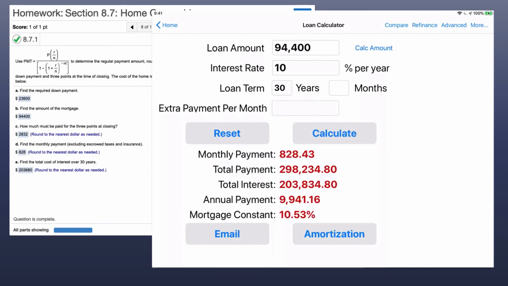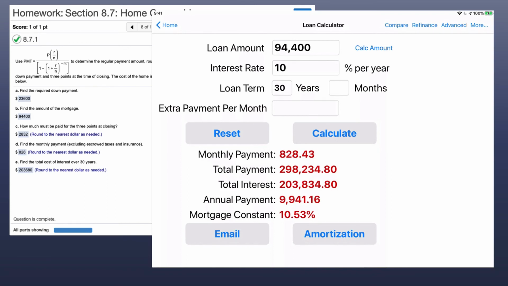So there's my monthly payment, $828.43. Again, my total interest, but that total interest is the exact amount using the 828.43 monthly payment. Again, the homework told us to round, and so then we had to calculate the interest with the rounded amount. So again, that's why that's not matching the homework exactly.